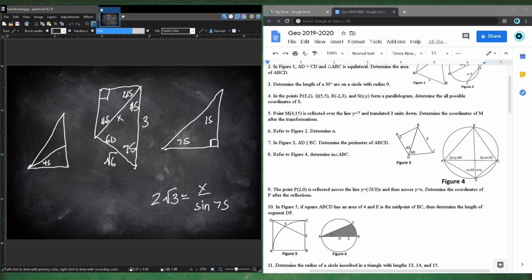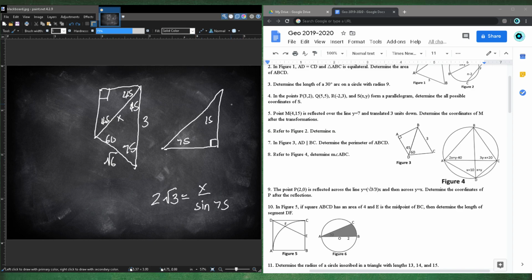This is your 45, 45, and this is your 30, because that's going to make your 75, and then there's a 15, right? You're going to know the side length, and you can just use the law of sine to work out the other side lengths basically. So it's really annoying, but that's basically how you do it.